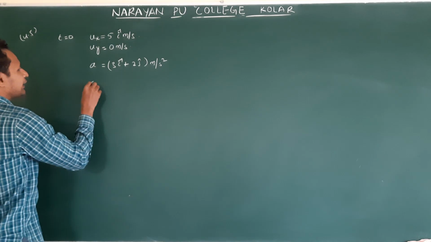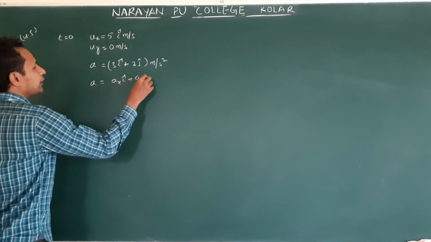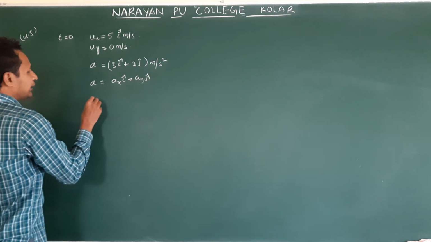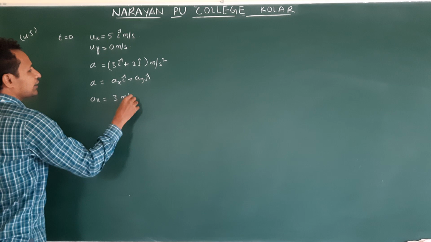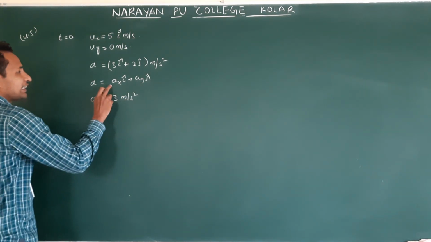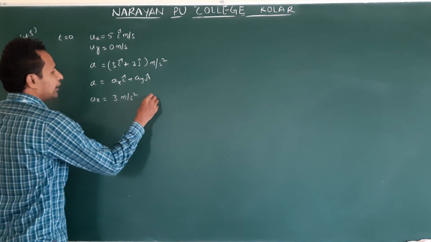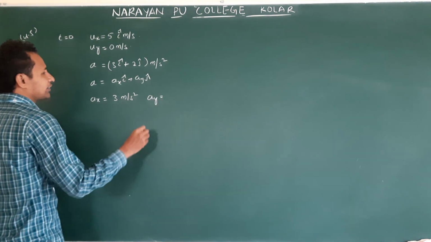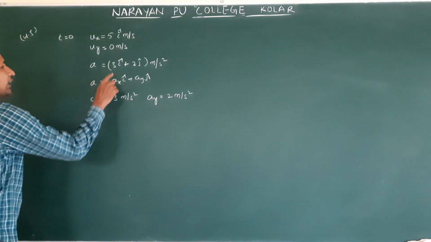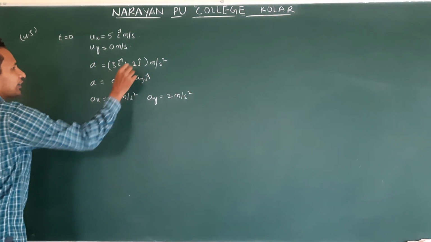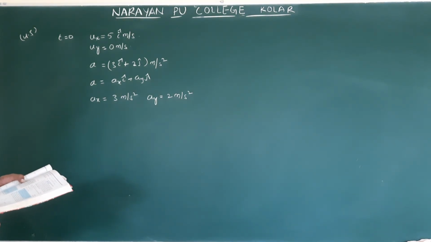If we write in vector form, this is ax i cap plus ay j cap. So ax is 3 meter per second square, meaning acceleration along the x direction is 3 meter per second square. Acceleration along y direction is 2 meter per second square. Understand? So acceleration is there in two directions.